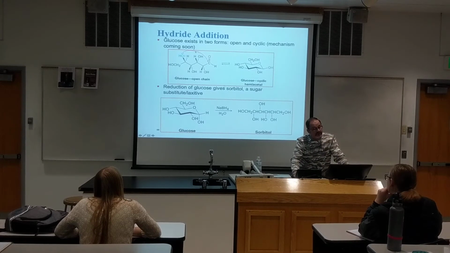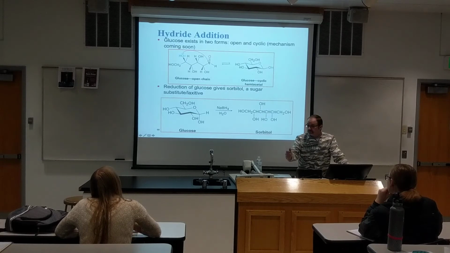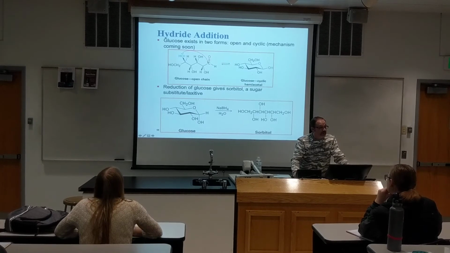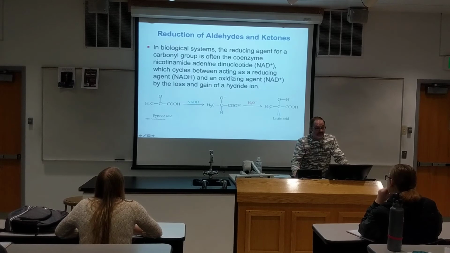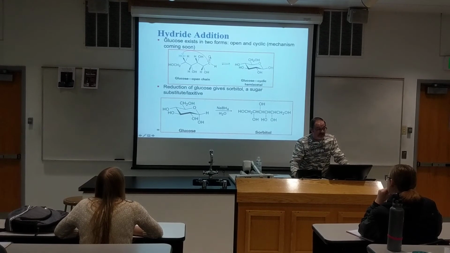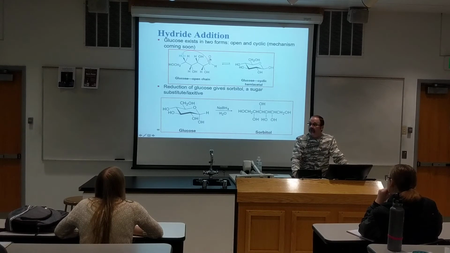When this Lewis base comes into close contact with this Lewis acid, it reacts. These electrons come in and attack that positive carbonyl. And why is this carbonyl positive? Because the oxygen is pulling electrons away from it.